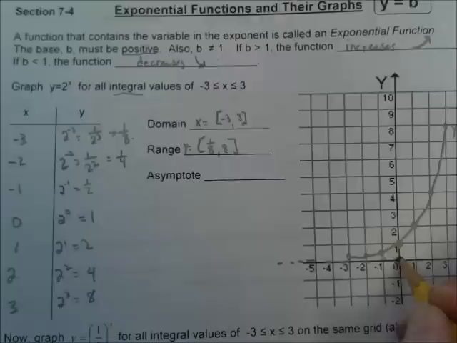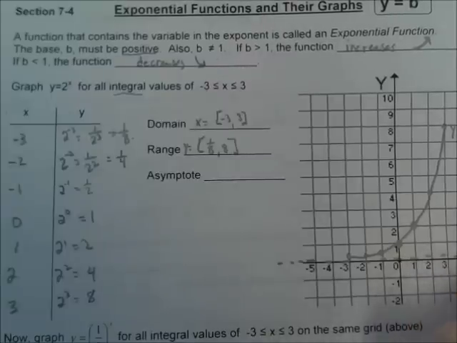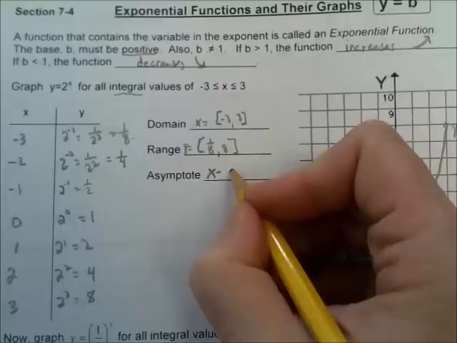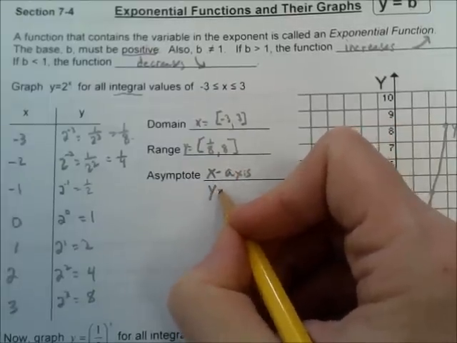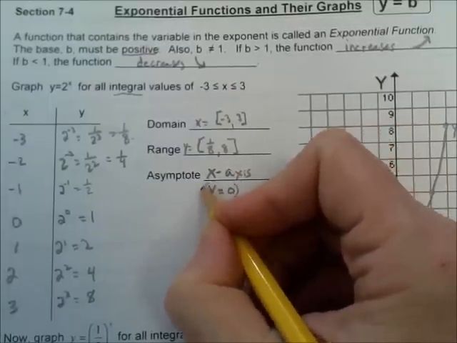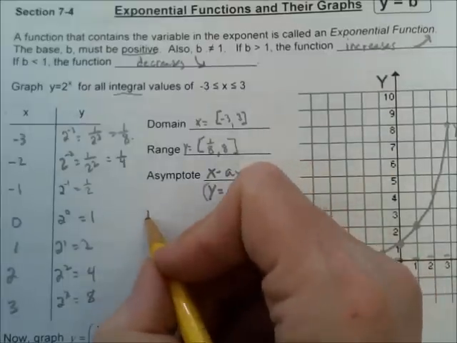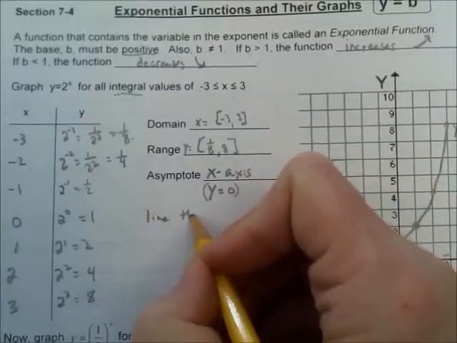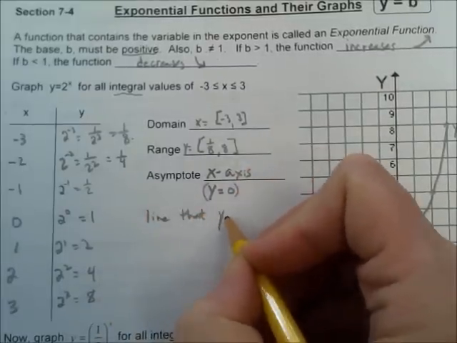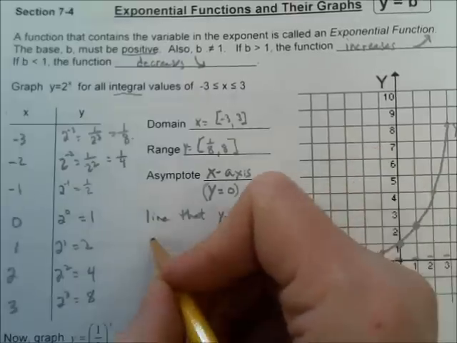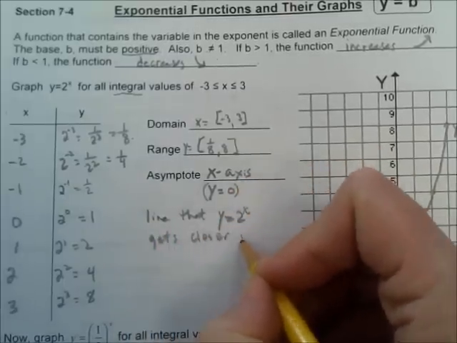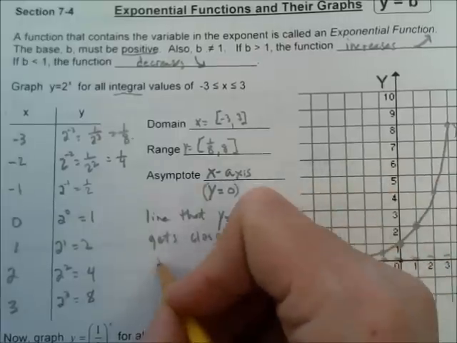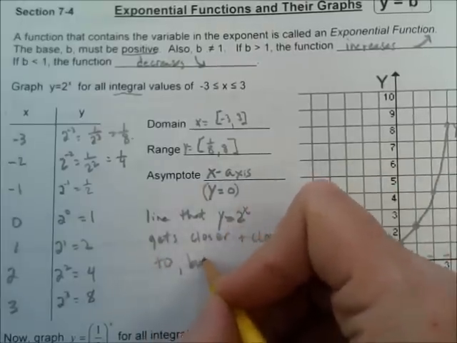The x-axis is the asymptote, and the equation of the x-axis is y is equal to 0. So this asymptote is the line that y equals 2 to the x gets closer and closer to, but doesn't touch.